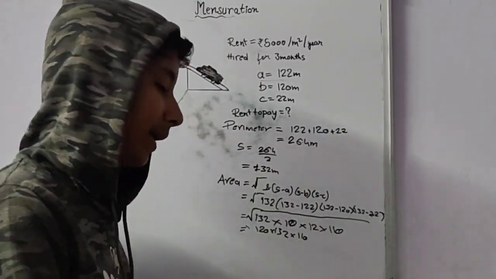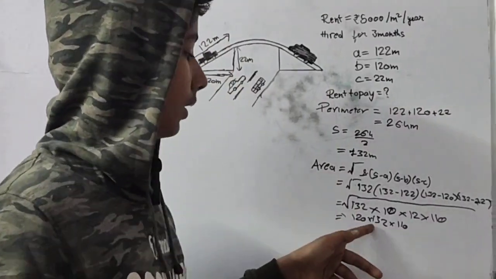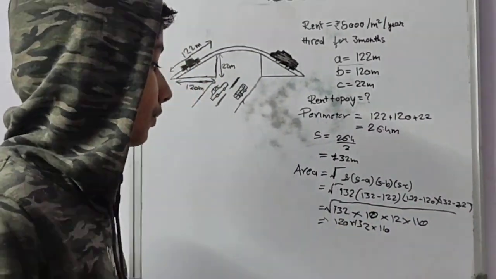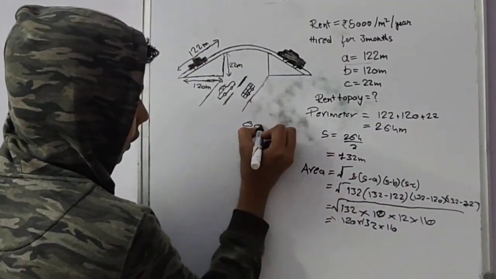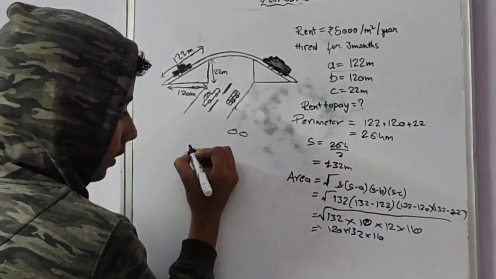So what will it be? We'll put just 2 zeros over here. 12 into 132 into 11.